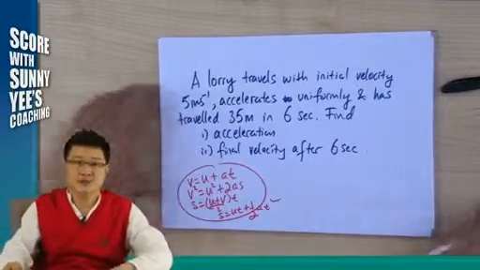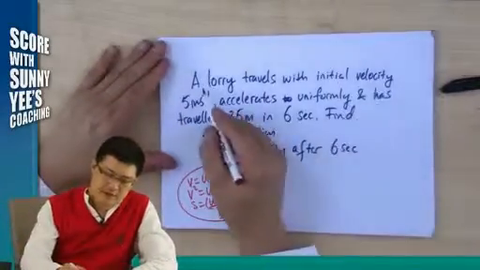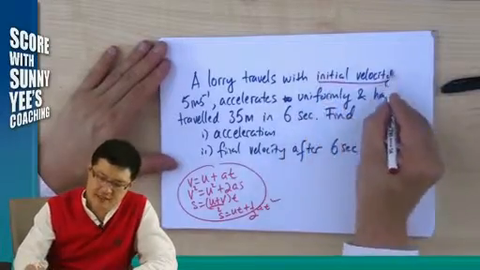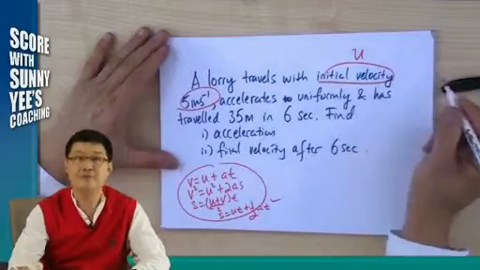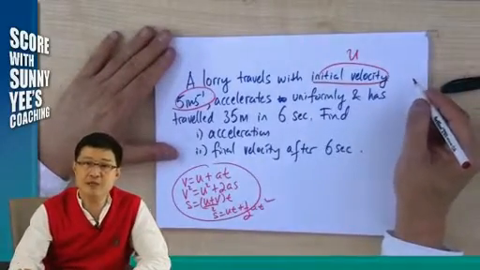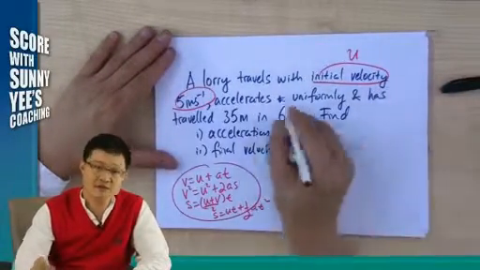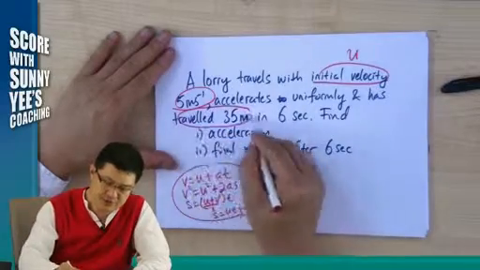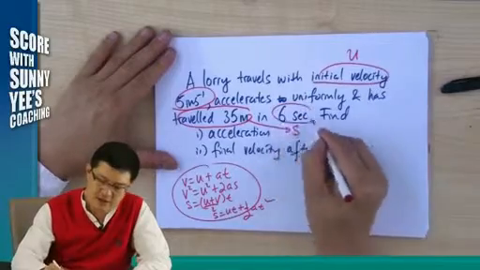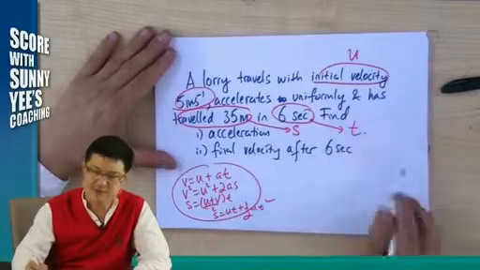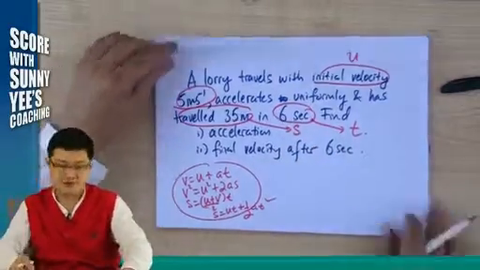Now, a lorry travels with, underline the keyword, initial velocity, this is U, accelerates uniformly and has traveled 35 meters, so this will be the S, and all this happened in T, 6 seconds.